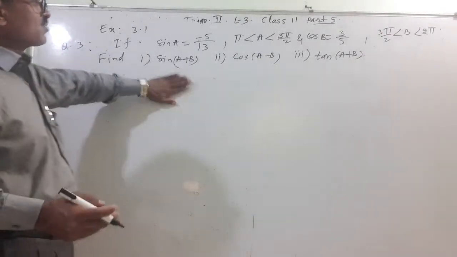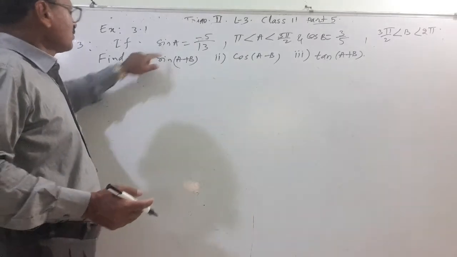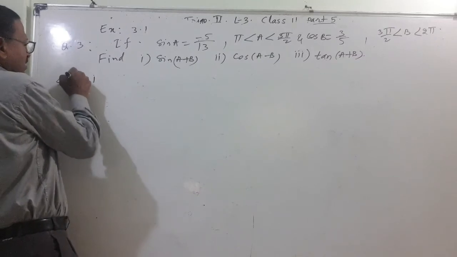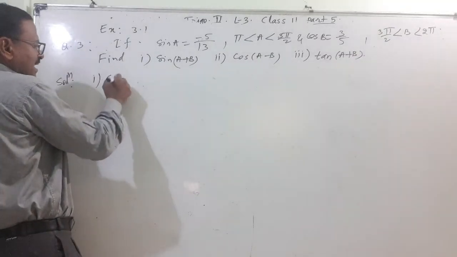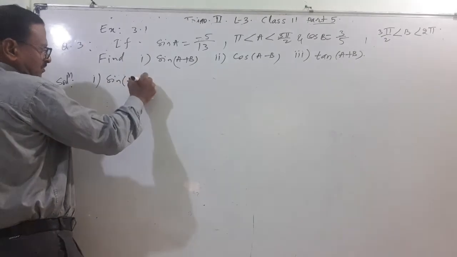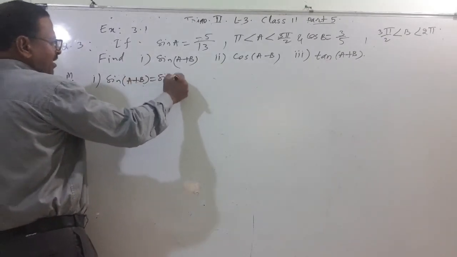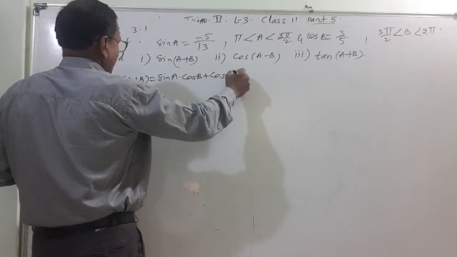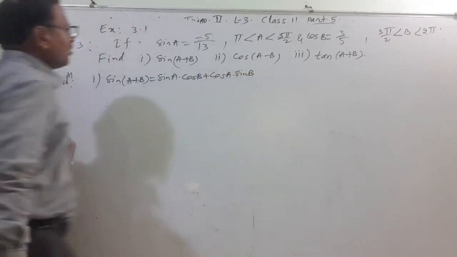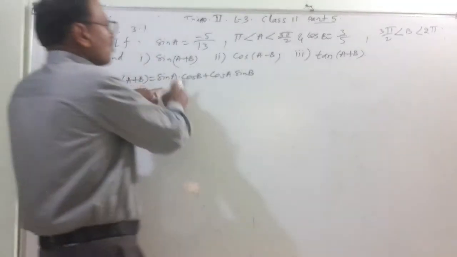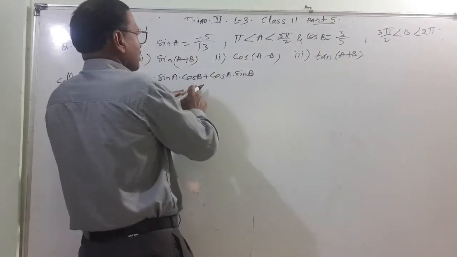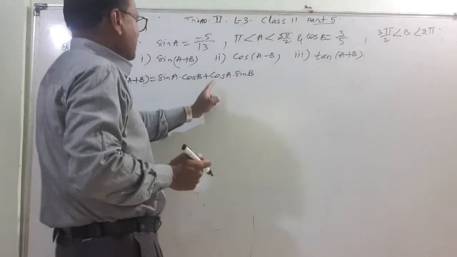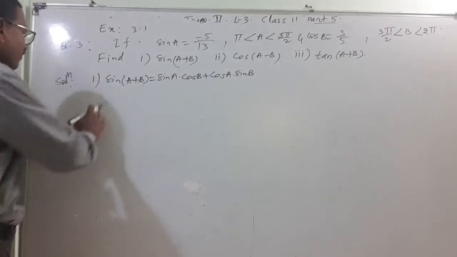Sine A into cos B plus cos A into sine B. So, see this. Number 1, solution. I am writing solution. 1, sine A plus B is equal to sine A into cos B plus cos A into sine B. Out of this, sin A I have got, cos B also I have got, but cos A I don't know and sin B I don't know. So what I want, sin A and cos A values I have to find.